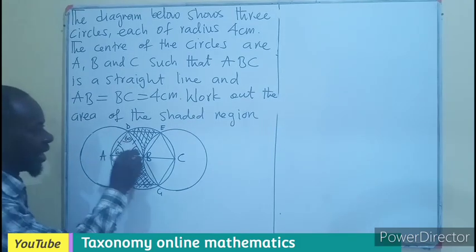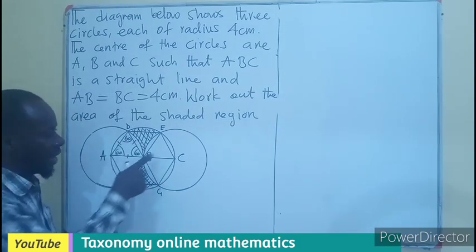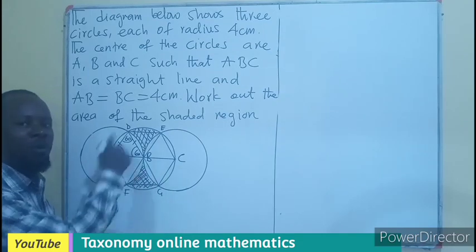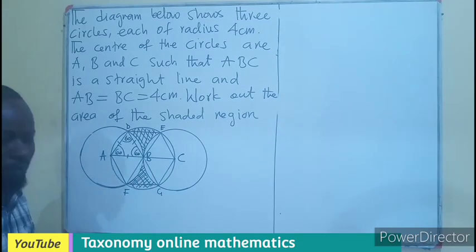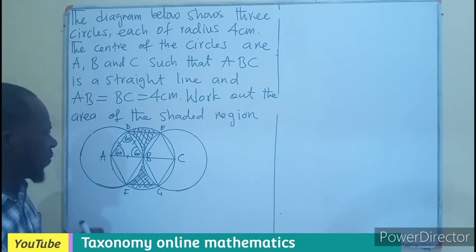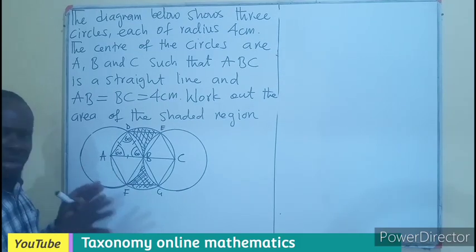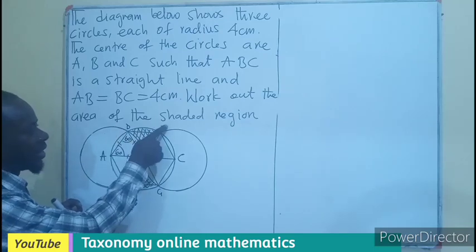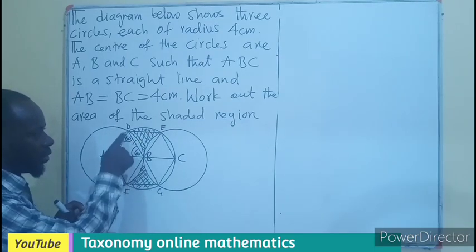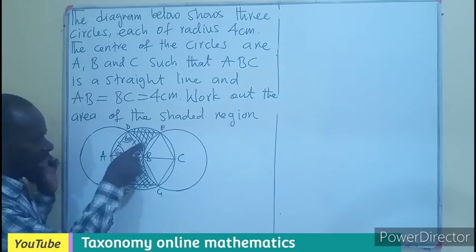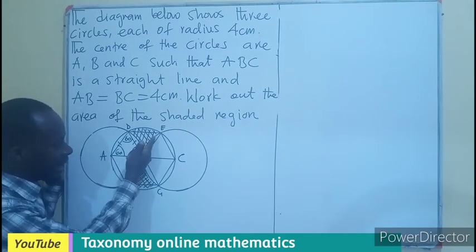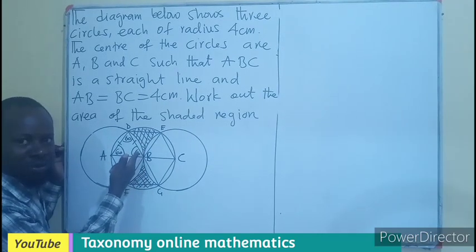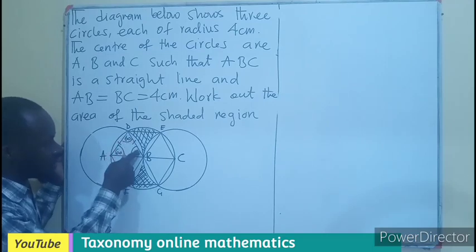The same diagram here forms our hexagon. Looking at the triangle DEB, that triangle has a segment which is not shaded.